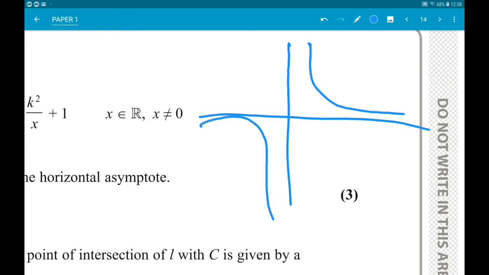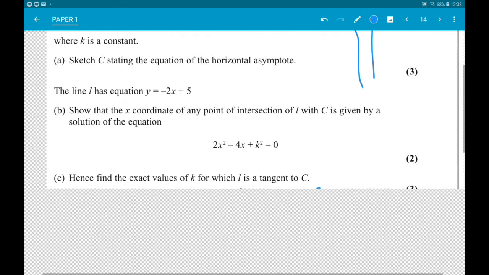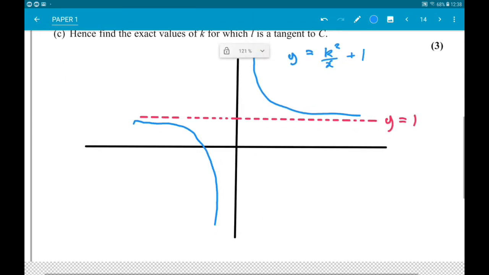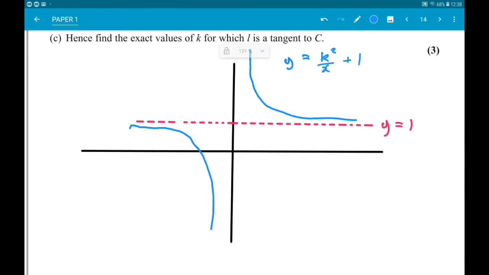looks like that. So it never touches the axis. Now the plus 1 moves the graph up by 1 unit. So your sketch wants to look something like this. So the horizontal asymptote is now at y equals 1.